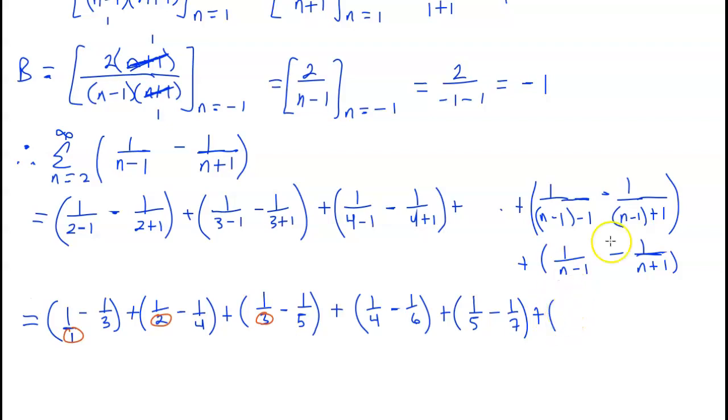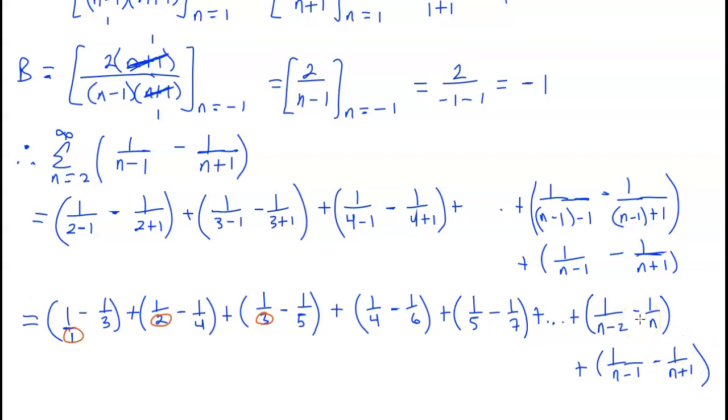So at this point I think we have enough to see what's going on there. So let's erase this, and then we can write this whole deal: 1 minus 1/3, plus 1/2 minus 1/4, and so on, up to 1 over n minus 2 minus 1 over n, and then plus 1 over n minus 1 minus 1 over n plus 1.